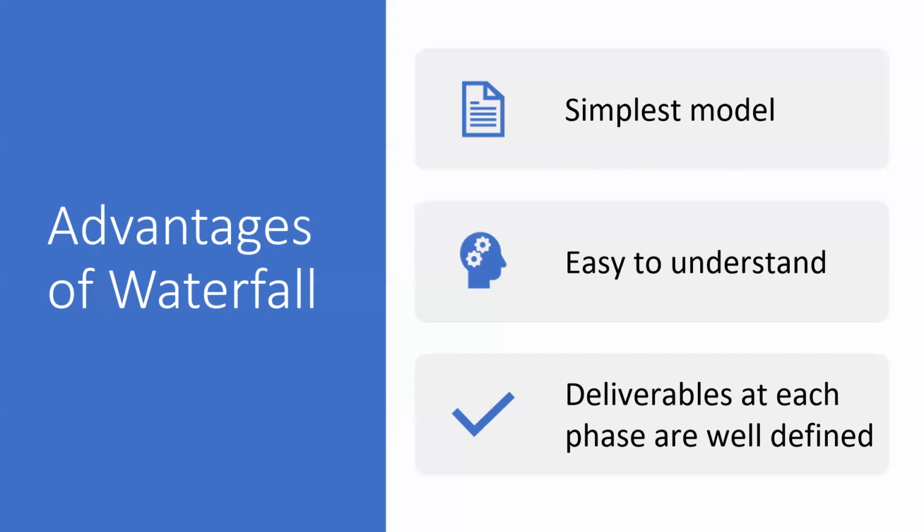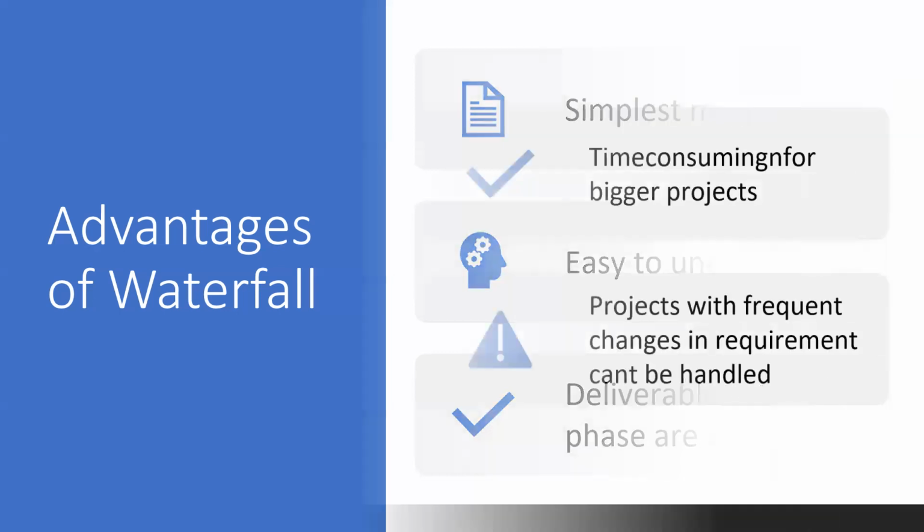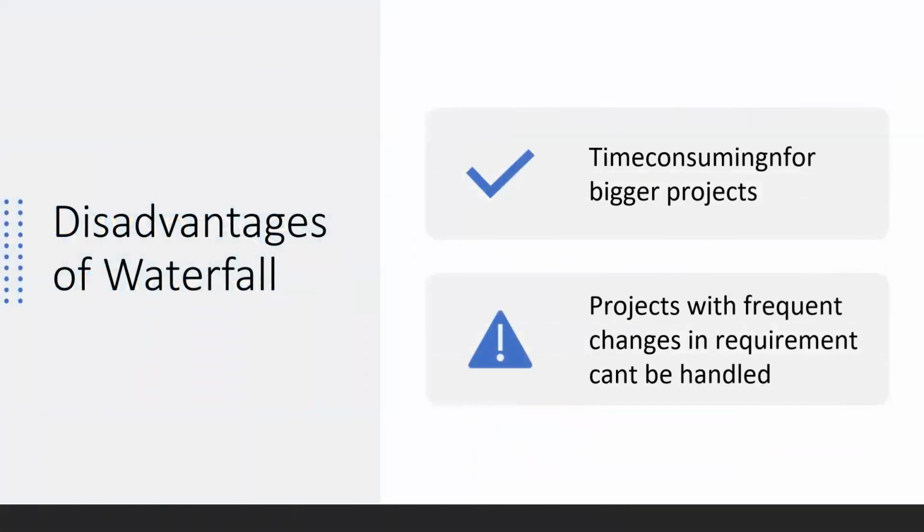Now the advantage of the waterfall is that it's very easy. You would have understood it very easily. It is the simplest model and easy to understand, and each and every phase has its own deliverables, which are very well defined. But we have disadvantages.